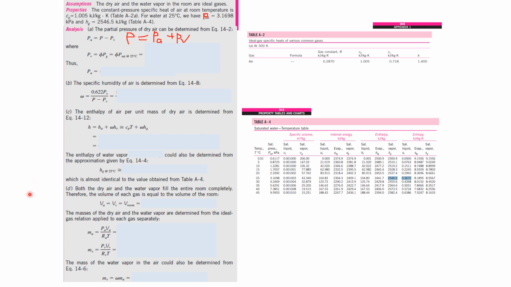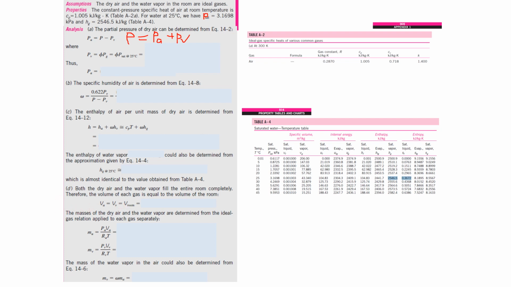Now to find the mass of dry air and mass of water vapor, we will first need to find out the volume. The length, width, and height of the room are given, so you can find the volume of the room, right?